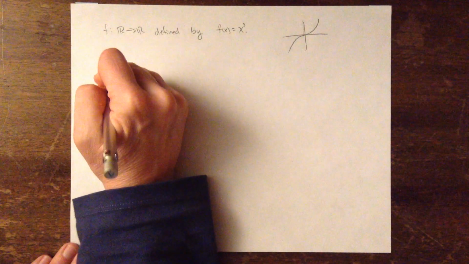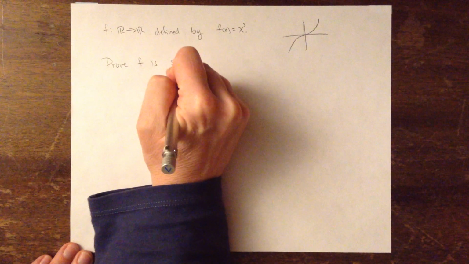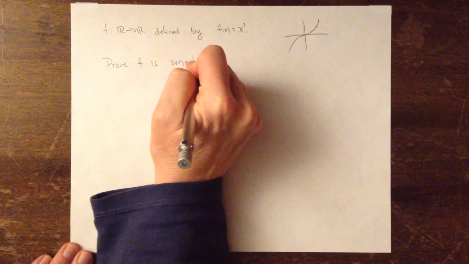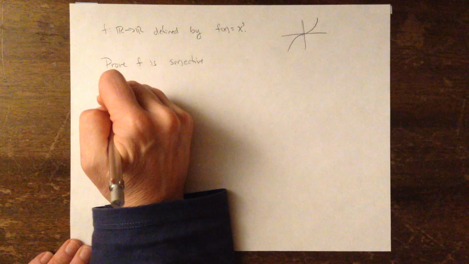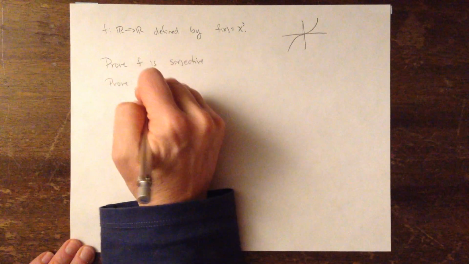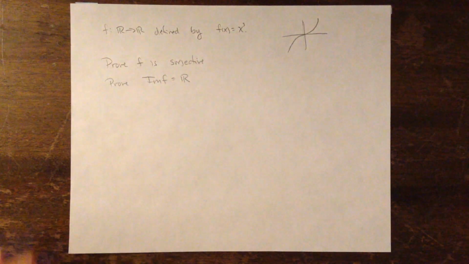So we want to prove that this function is surjective, which means we need to prove that the image of f is equal to the real numbers. So this is a set equality proof, and we've been doing set equality proofs for a while now.